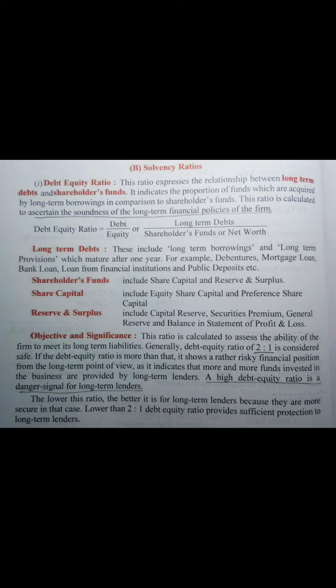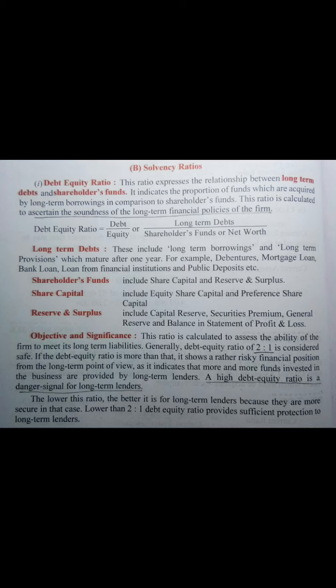The first solvency ratio is debt equity ratio. It indicates the proportion of funds which are acquired by long term borrowings in comparison to the shareholder funds. That means the amount of funds which are acquired by two means, one by long term borrowings and one through shareholders.